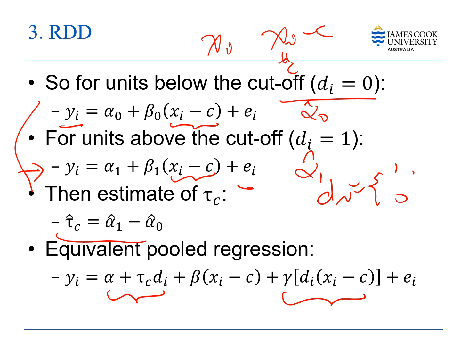The coefficient tau on di picks up the average treatment effect at the cutoff. Remember, at the cutoff this term is 0, so gamma does not contribute to the estimate.